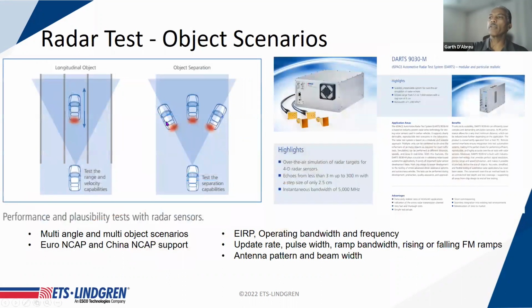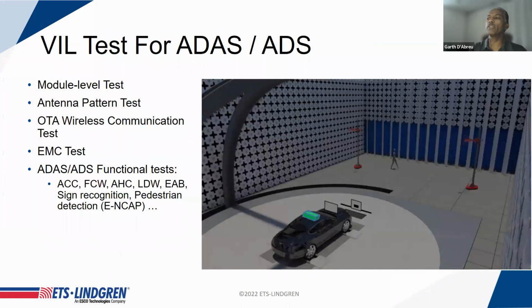You can create a radar stream based on simulated targets, either single target or multiple targets at different elevations or at different azimuth angles. And you can replay these scenarios to the vehicle under test in a controlled environment and try and replicate the ADAS functionality that you're trying to test.